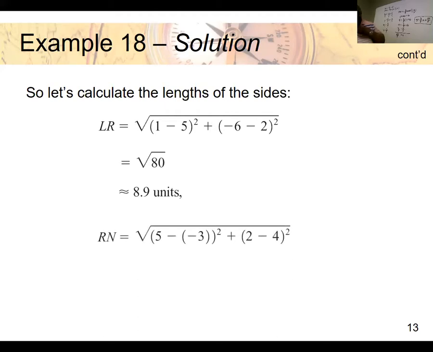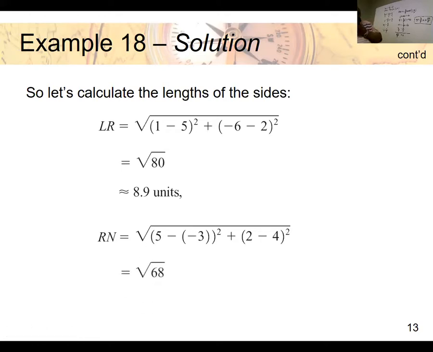And here they did the distance from R to N. R has the ordered pair (5, 2), and N has the ordered pair (-3, 4). So here, 5 minus -3, and that's squared, plus 2 minus 4, and that's squared.